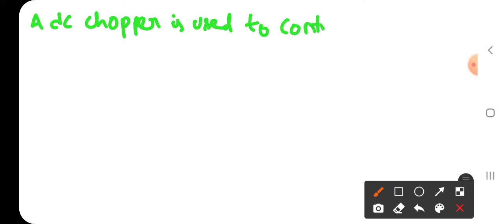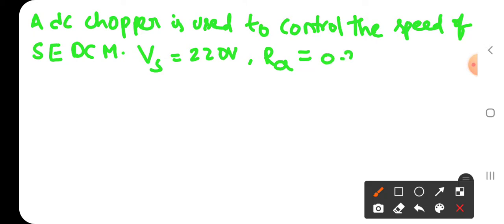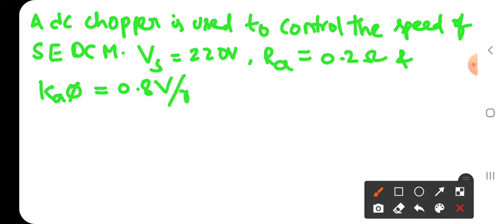The DC supply voltage is 220 volts. Armature resistance is 0.2 ohms, and motor constant Ka phi is equal to 0.8 volts per rpm.